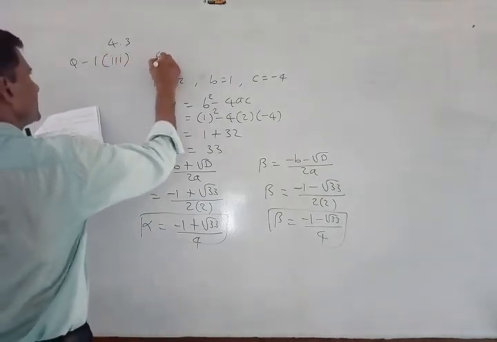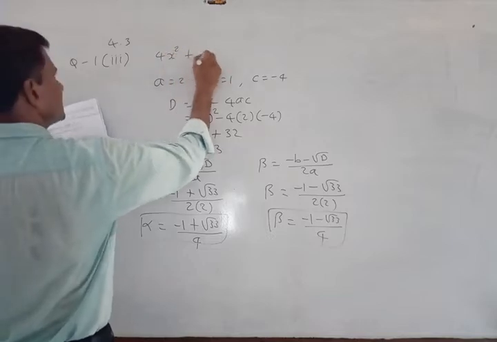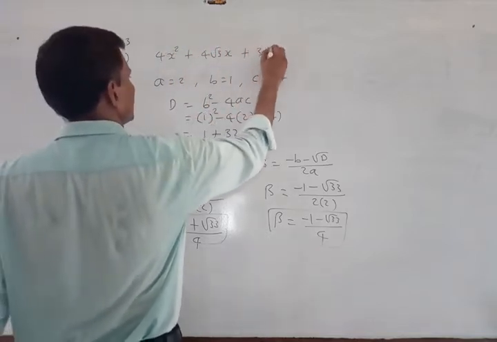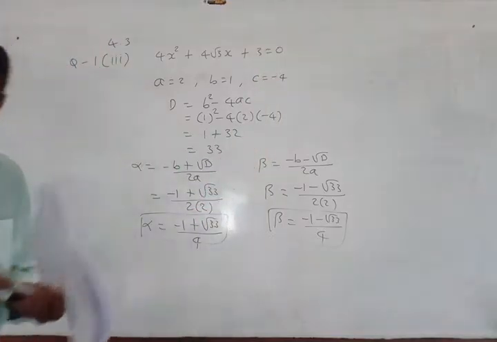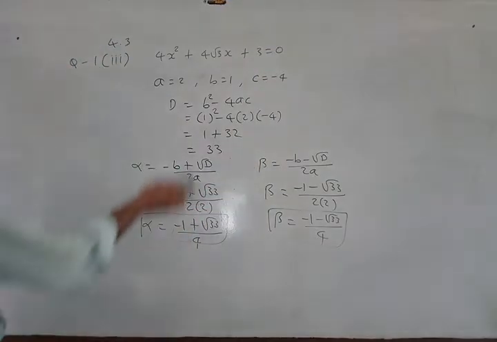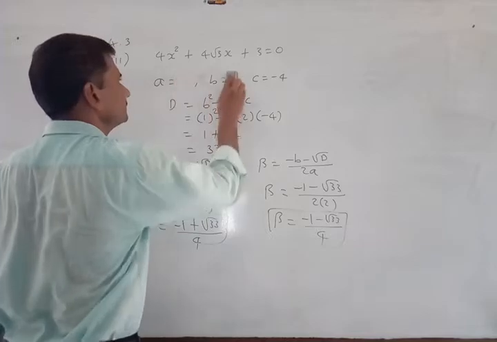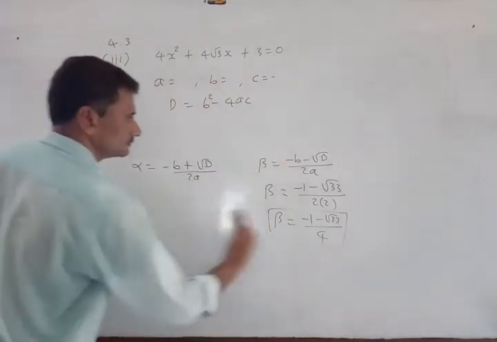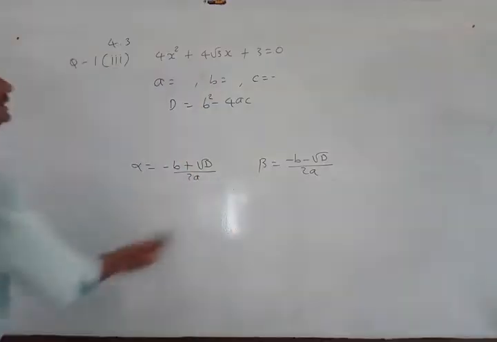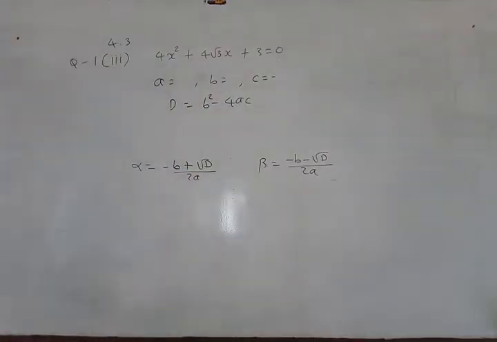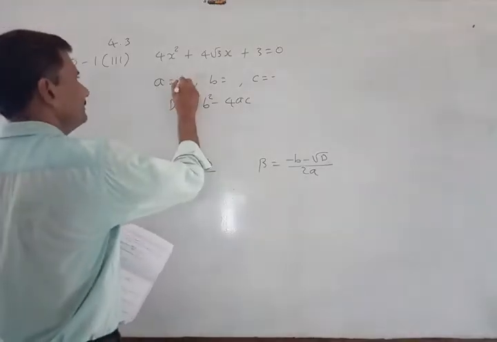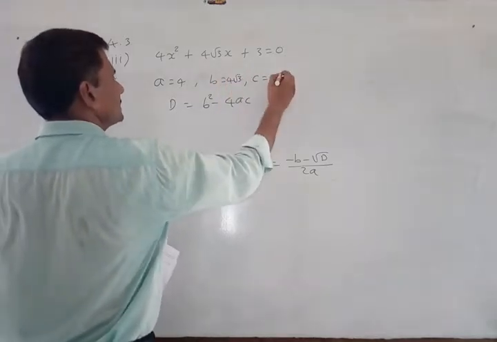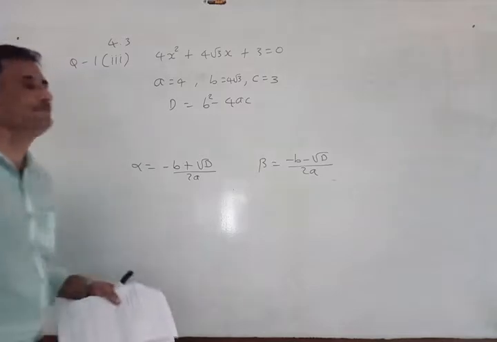It is 4x square plus 4 root 3 x plus 3 equal to 0. Now write down a, b, c. a is 4, b is 4 root 3 and c equal to 3.